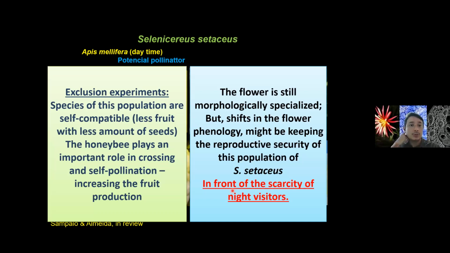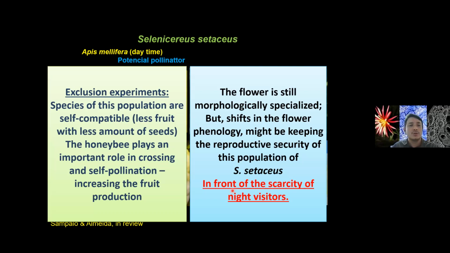And so we did some exclusion experiments, and then we concluded that these populations are self-compatible, but the flowers that were self-pollinated by hand produce less fruit with less seed. And the flowers that were visited by the honeybees produce more fruits with more seeds.